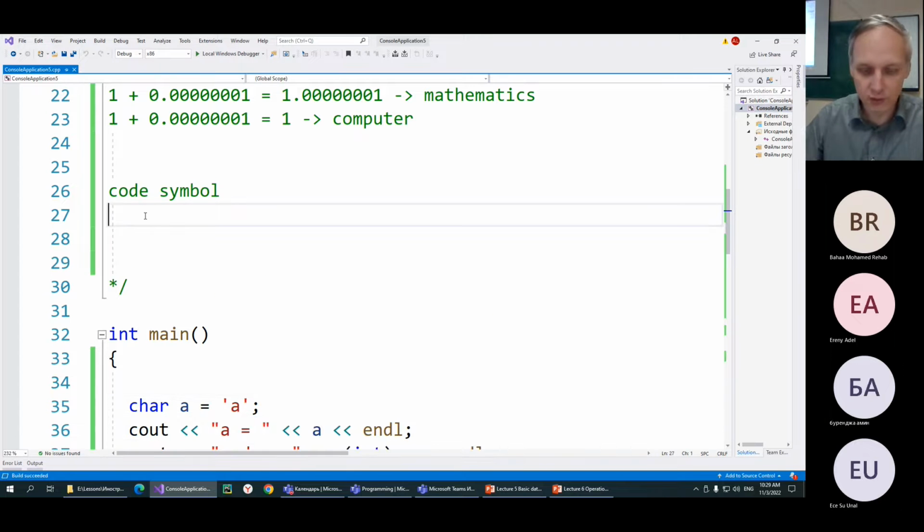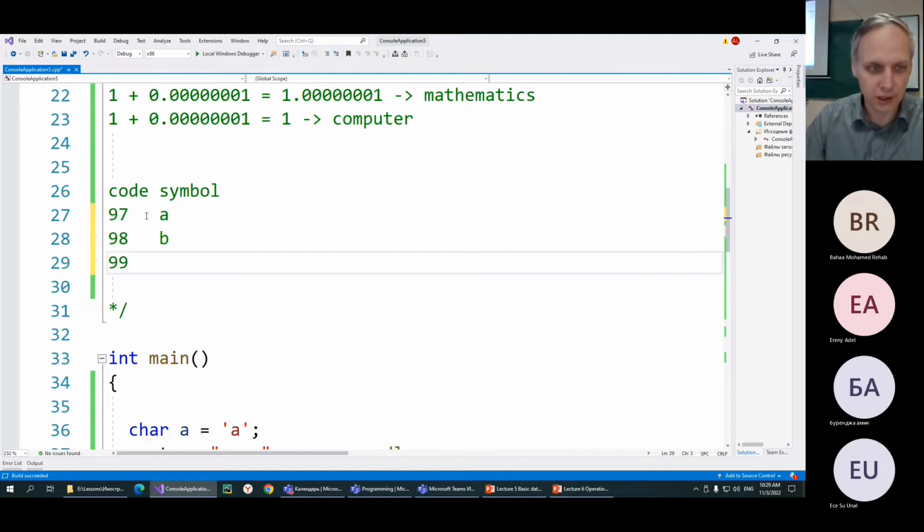Code 97, symbol A. Code 98, symbol B. Code 99, symbol C, and so on. So all the symbols are stored in such a table. And when you output the symbol to the screen, you see the symbol.